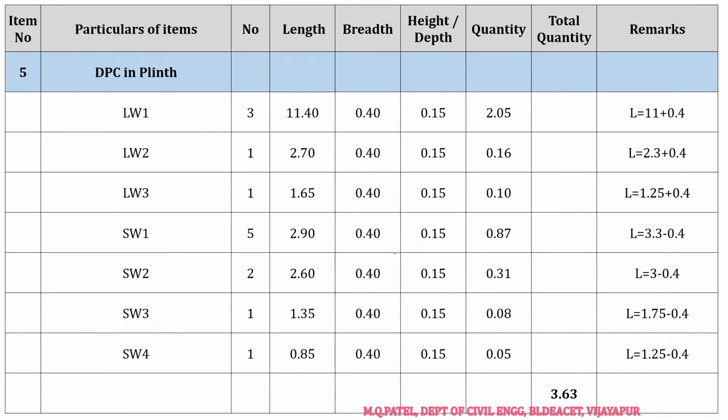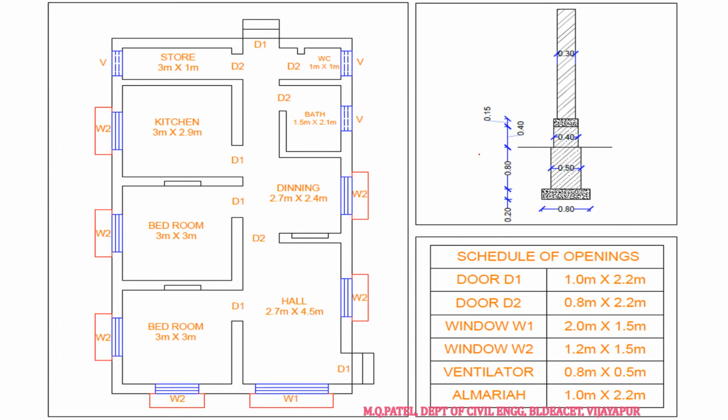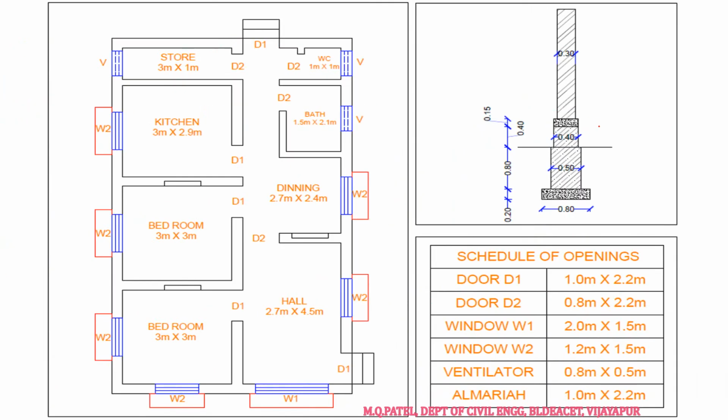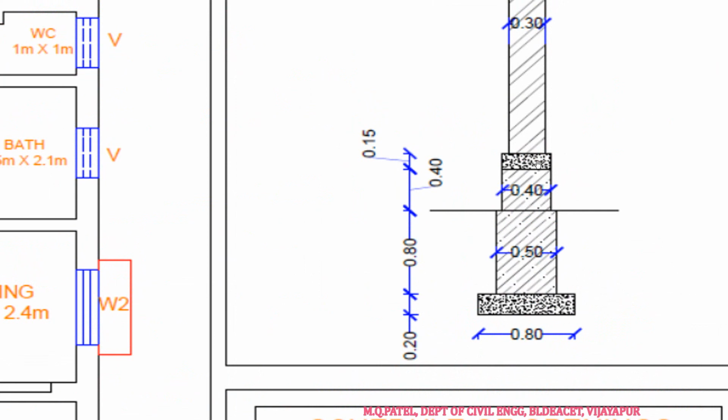Then next, within 2 minutes I'll complete this DPC. So if you see, the next step is DPC, that is the damp proofing course. Now the damp proofing course and the coarse rubble masonry have the same width, so the length will remain the same.